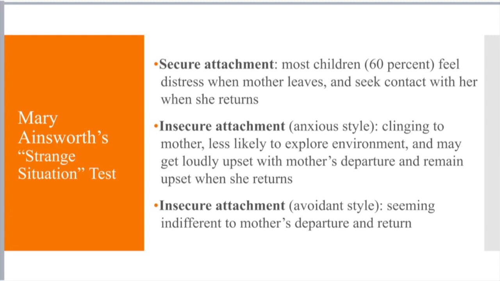So these are different attachment styles, and they pertain to our understanding of social development, in that they give us further insight into how infants, little kids and toddlers relate to the people around them.